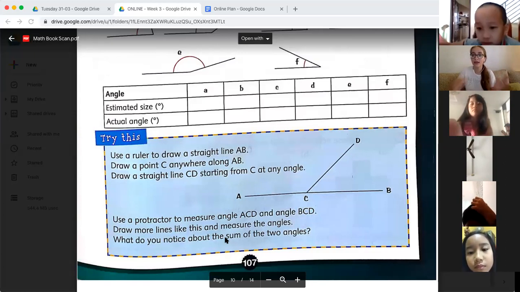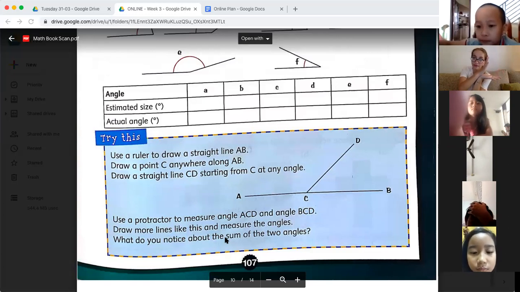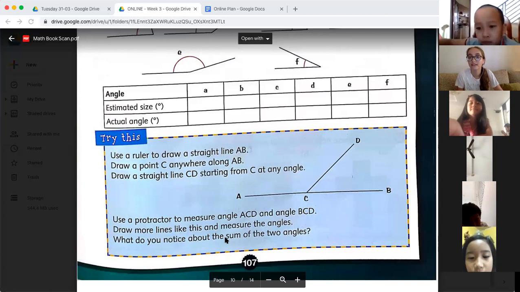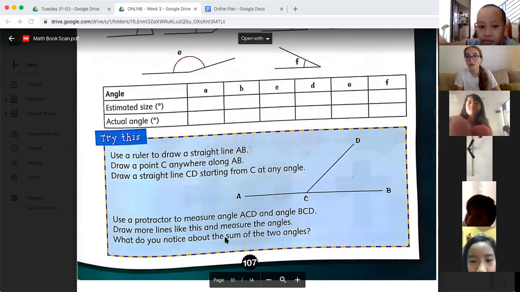Okay, we knew that a perfect angle was 90. And if I have another perfect angle, that's also 90. What is that together? 180. Yes, a line is always 180.